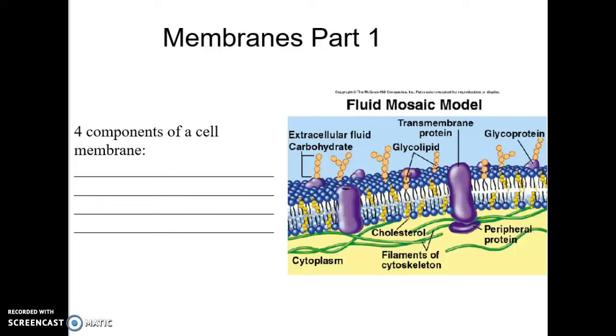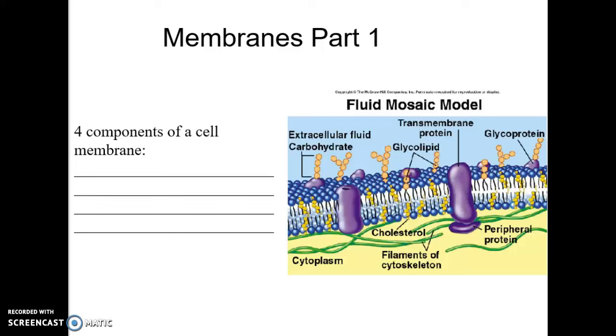Membranes will also have an interior protein network. So this goes back to the cytoskeleton of the cell. That interior protein network provides structural support for the membrane. That's the cytoskeleton we've talked about, the different filaments associated with that.